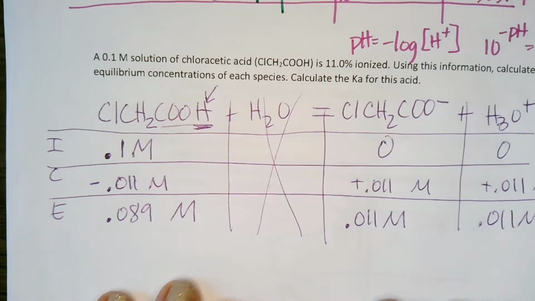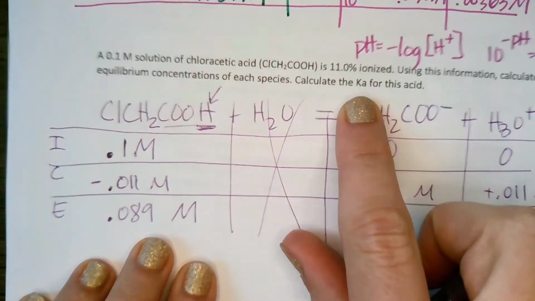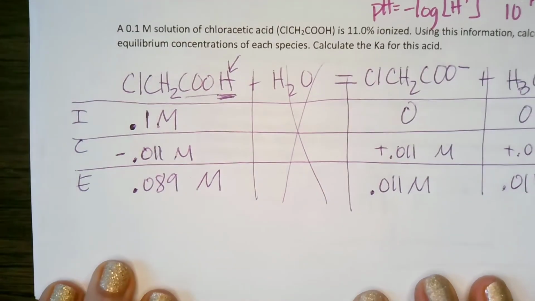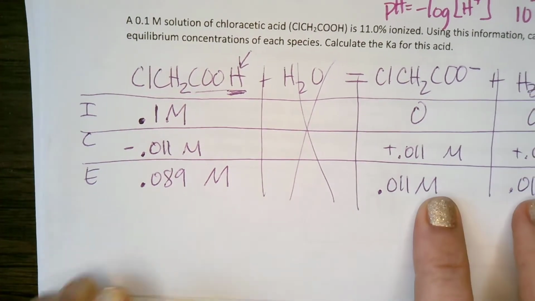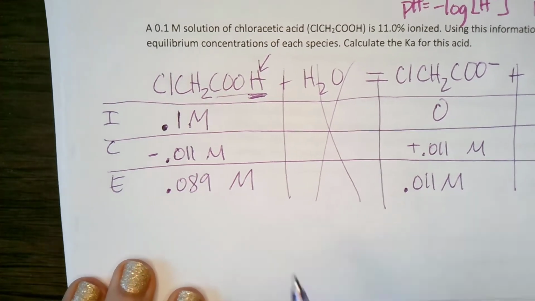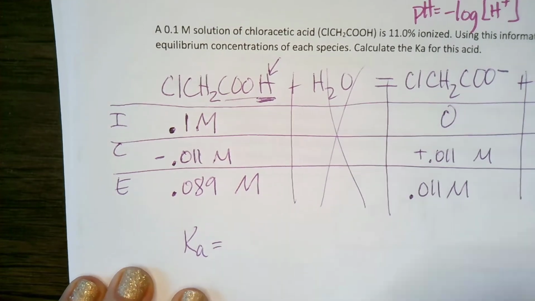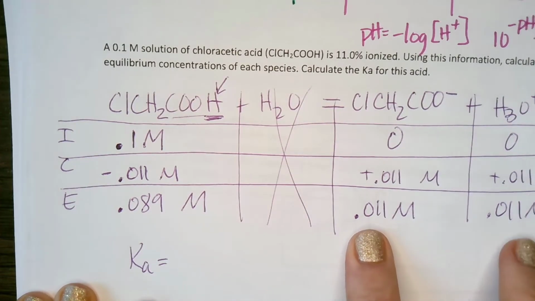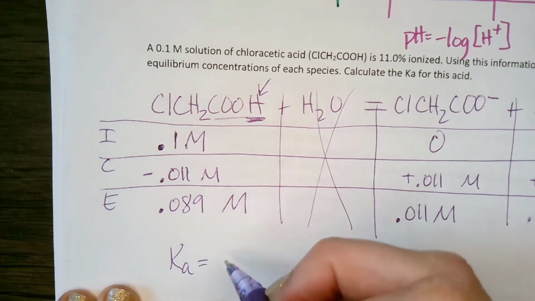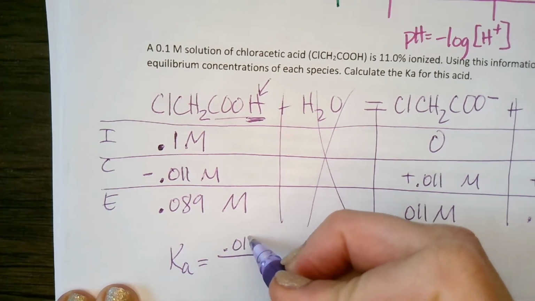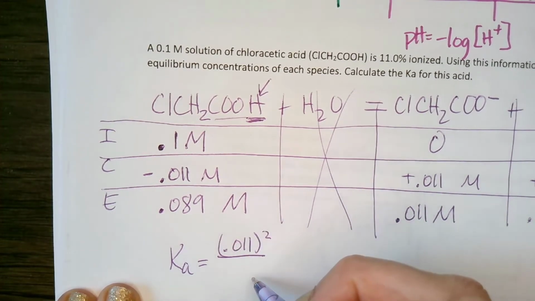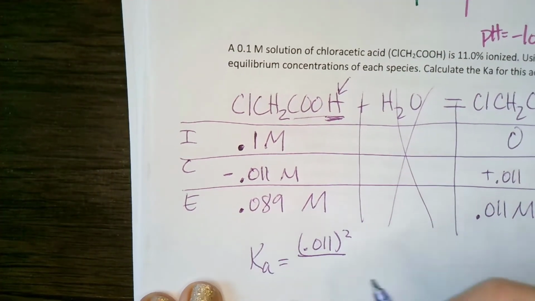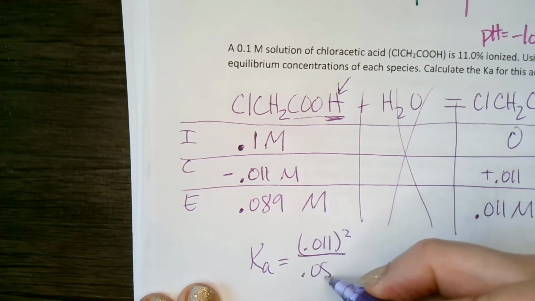And now we have everything we need to find the Ka for this acid, because we know we're going to do products over reactants to find our Ka expression. And we're doing 0.011 times 0.011. So if I could just simplify and say 0.011 squared over the concentration of my reactant, 0.089.